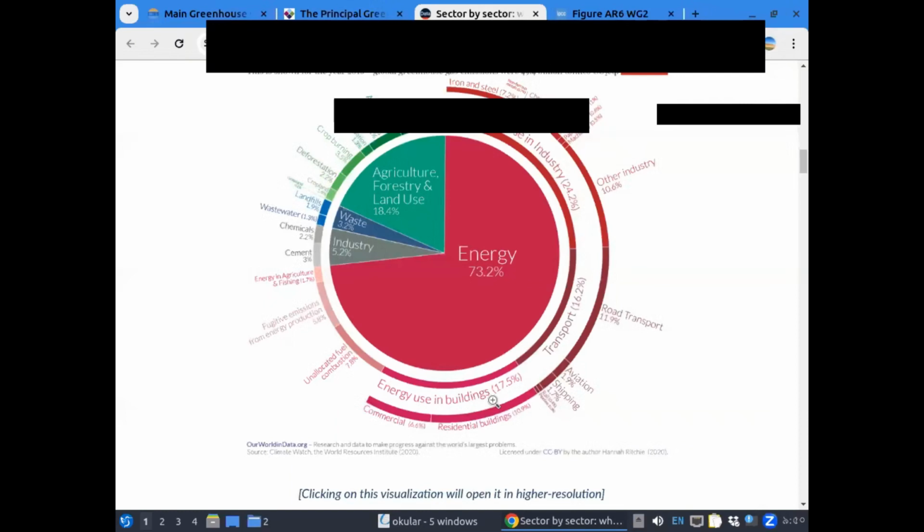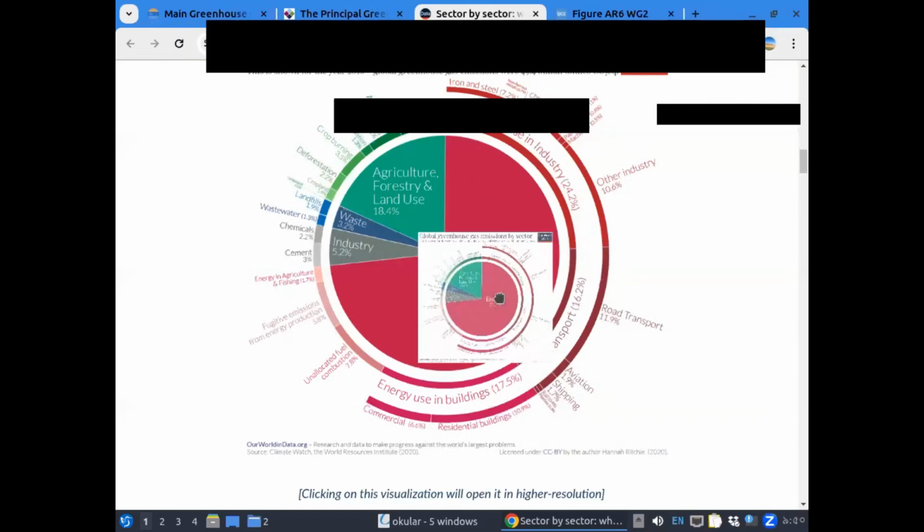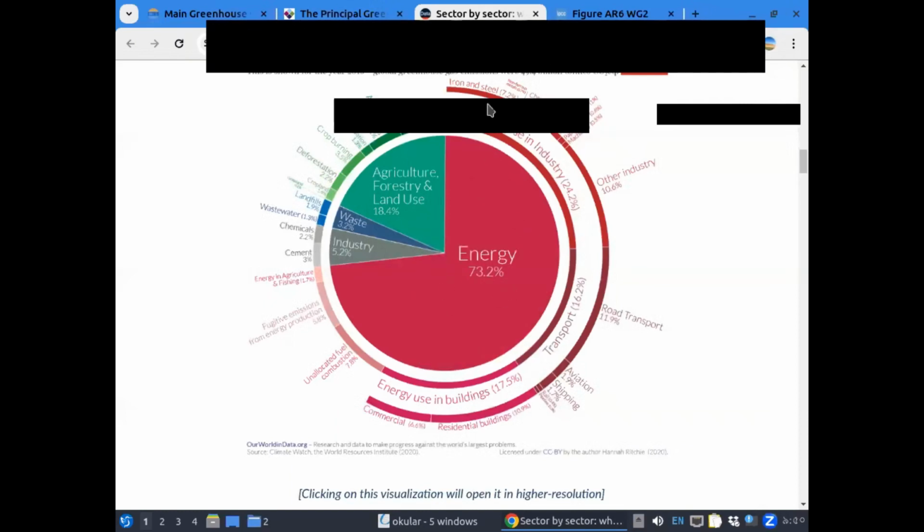When you say energy, then you have these different things which are here: commercial, residential building, aviation, shipping, road transport. See, road transport is contributing 11.9%. Other industry 10.6%, and things like that. So you can explore more. Say the iron and steel industry is contributing 7.2%.